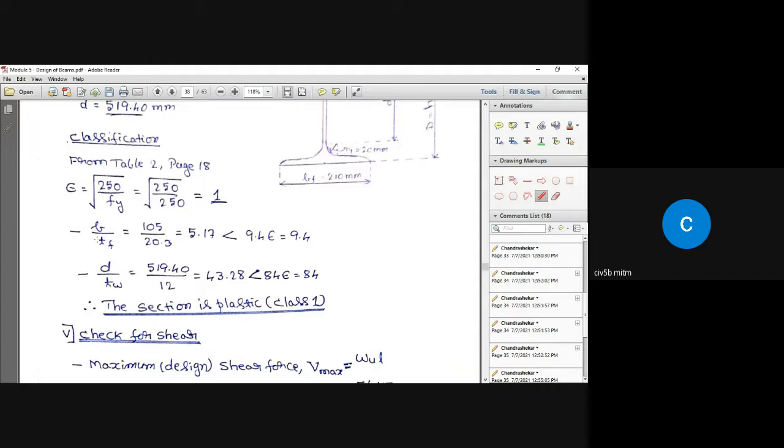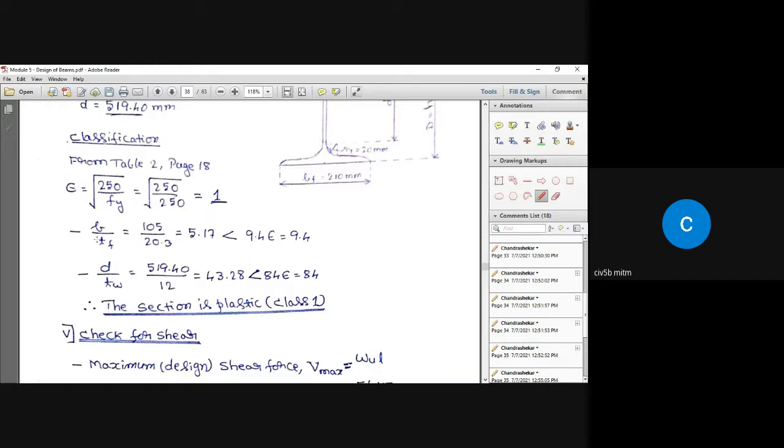So find out what is that B by TF value, which is less than 9.4 epsilon. Okay. So where did you get that 9.4 epsilon? You got that value from the table. Once this condition is satisfied, the flange is plastic.